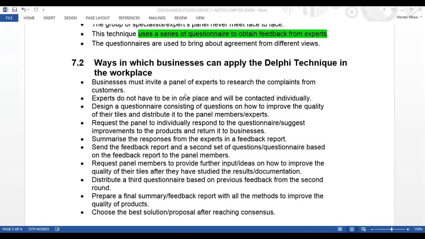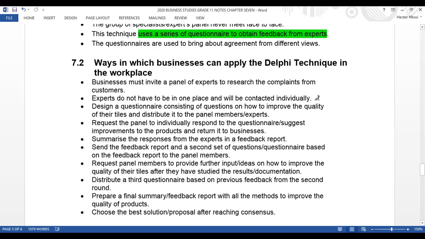Also, experts do not have to be in one place and will be contacted individually. That's another point when we're doing this technique. Also, you must be able to design a questionnaire consisting of questions on how to improve the quality of their tiles and distribute it to panel members or experts.